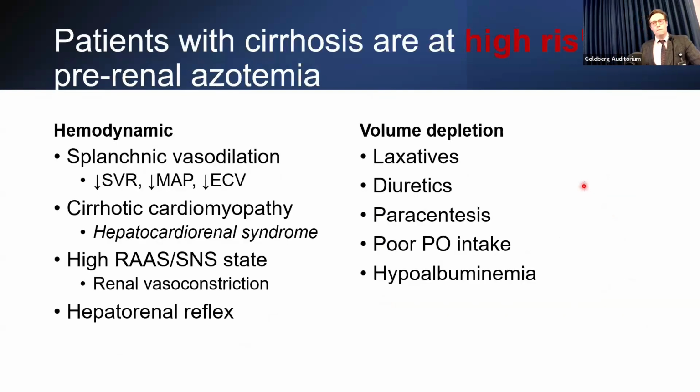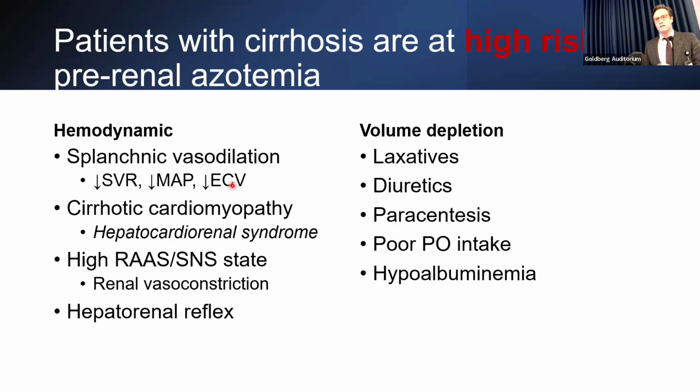And again, our patients with cirrhosis walk a razor's edge between adequate renal perfusion and prerenal azotemia. We already talked about the reduced effective circulating volume. High RAS state leads to high vascular tone within the kidney and renal vasoconstriction, not to mention the things that we do to our patients with cirrhosis.